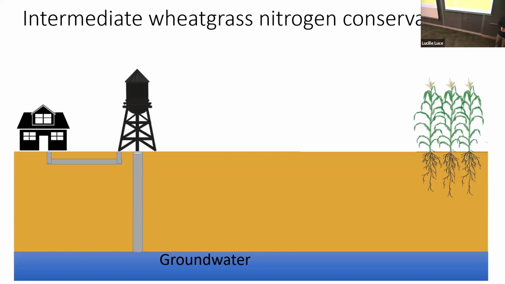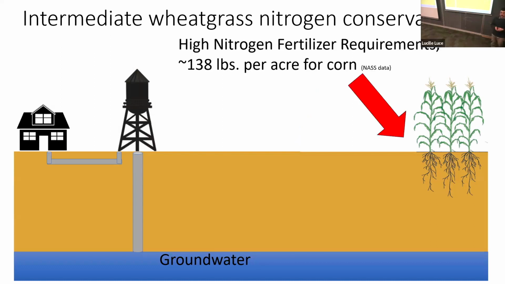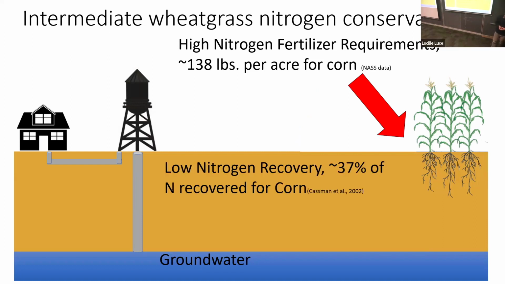The concept's pretty simple. We have these annual row crops that require nitrogen in these aquifer headlands and wellhead protection areas, and we're applying anywhere between 140 and 160 pounds of N per acre, and in some areas of southwest Minnesota, closer to 200. Lots of research has looked at the nitrogen use efficiency of corn.